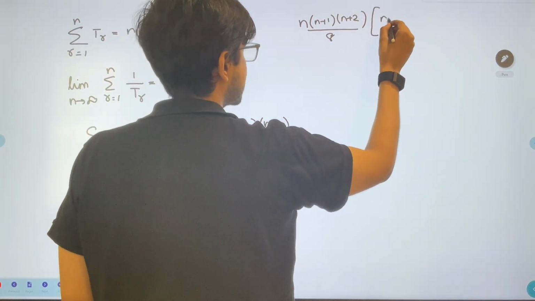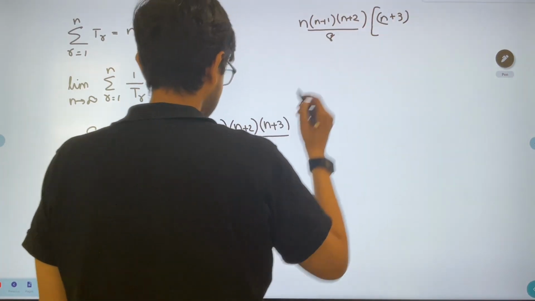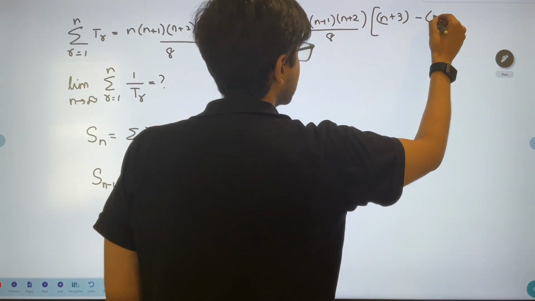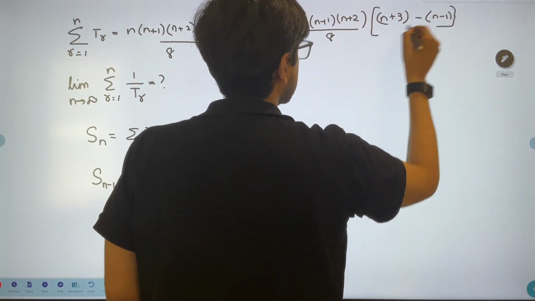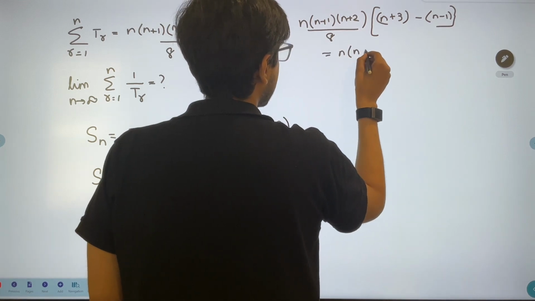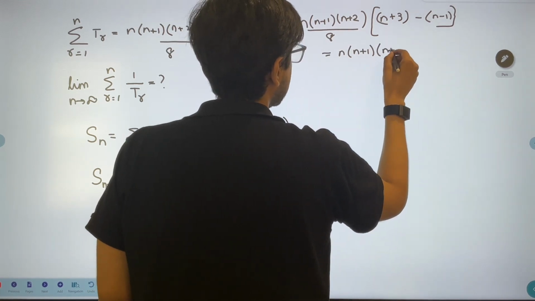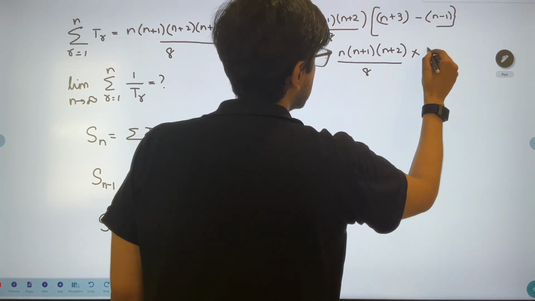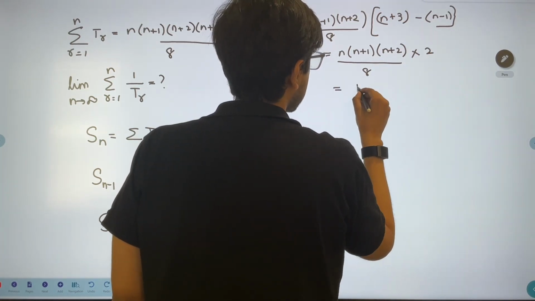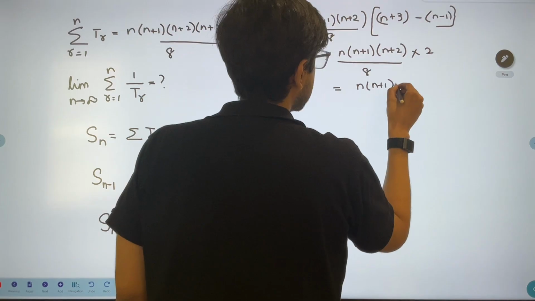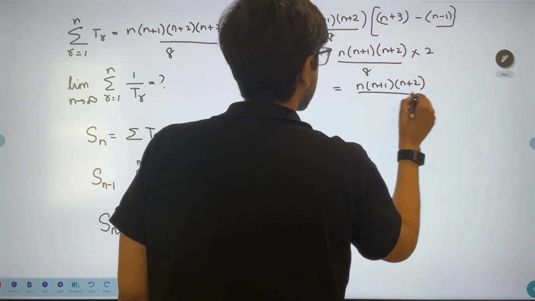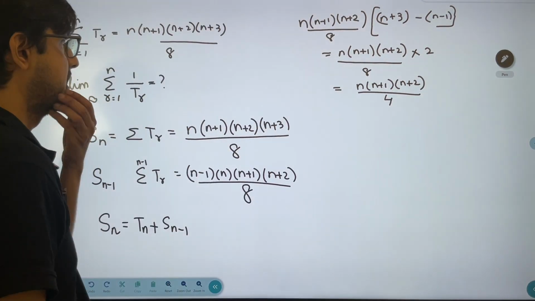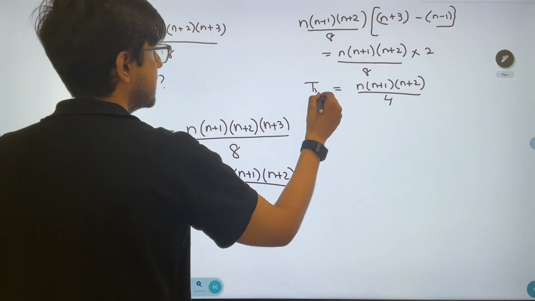What I'm left with in the bracket is n plus 3 minus n minus 1, which is going to give you n into n plus 1 into n plus 2 by 8 into 4, which is going to give you n into n plus 1 into n plus 2 by 2. This is going to be my Tn.